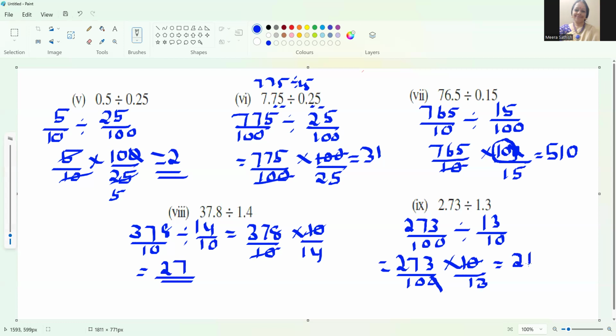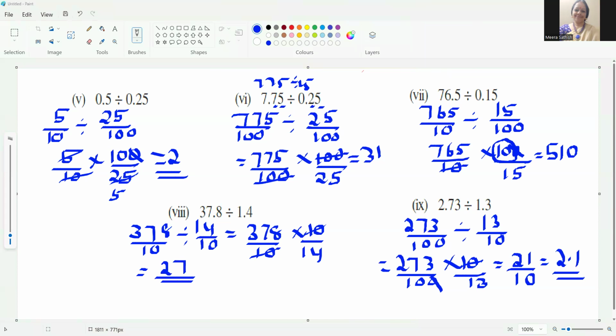Okay, so 21. So 21 by the denominator 10 is there, don't forget. So the answer will be 2.1. Clear? This method is error-free. There is not much confusion. Otherwise, if you simply divide and put the decimal, sometimes your calculation will go wrong and you will put the decimal in a wrong place. So this method, please follow.